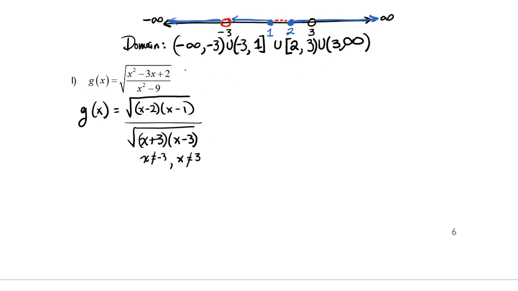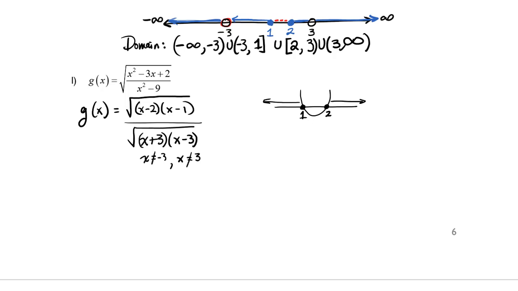So if you look at the function above, it's very similar. In the numerator, again, I can have zeros. So the parabola will have endpoints of 1 and 2. Those I can keep. I can have anything to the left or to the right. Left of 1 and to the right of 2, that's fine.